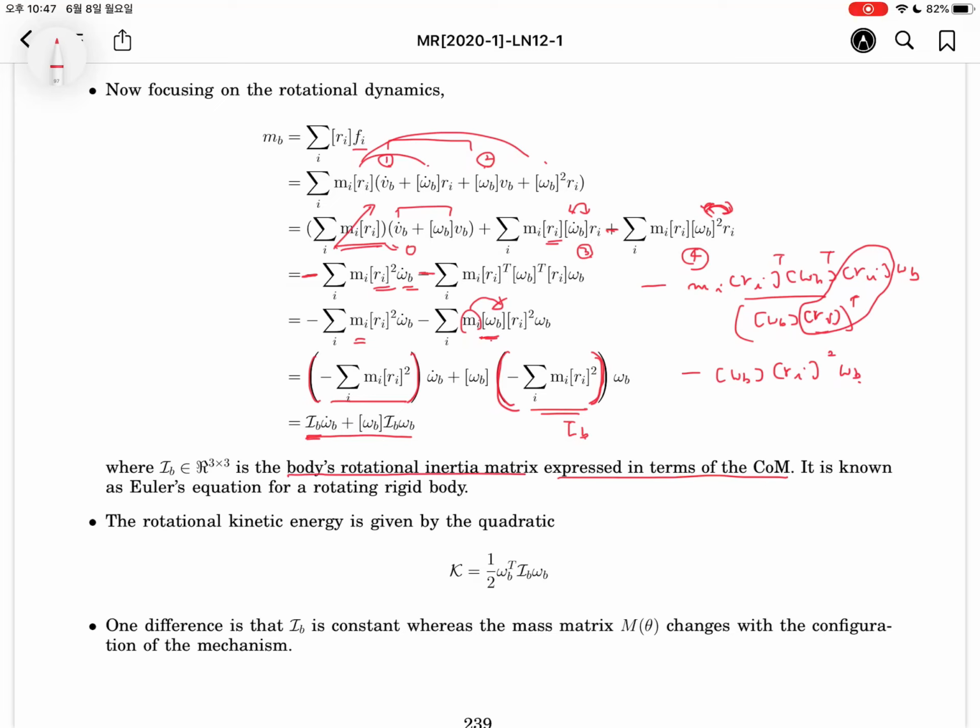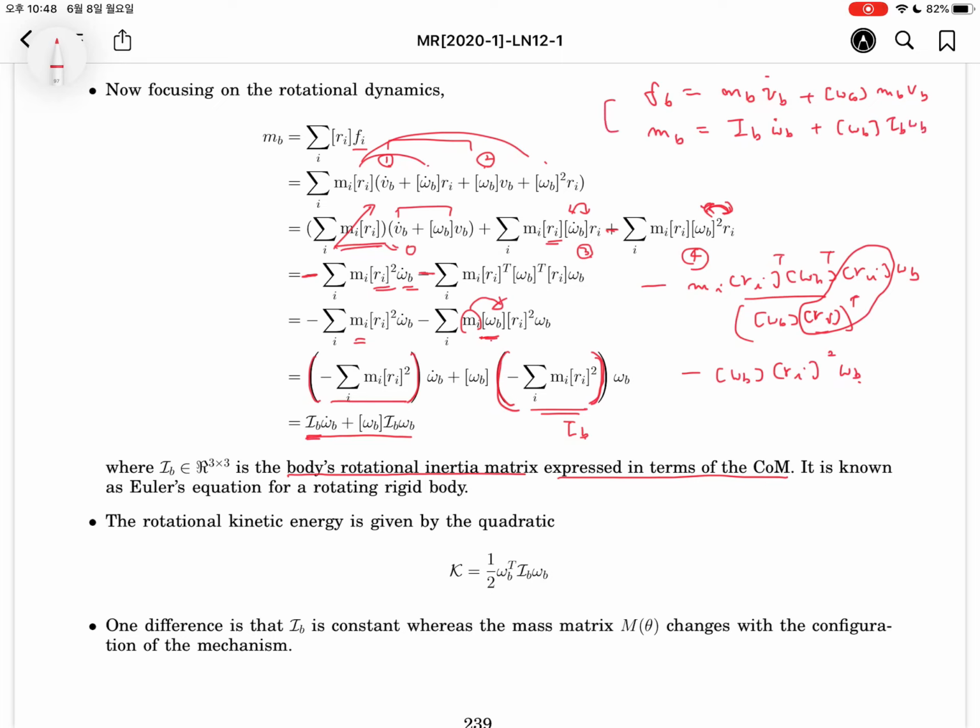Okay, let's compare this rotational dynamics with the linear dynamics. FB is equal to mb vb dot plus omega b cross mb vb, linear momentum. On the other hand, the rotational dynamics, the moment can be written IB omega b dot plus omega b cross angular momentum IB omega b.